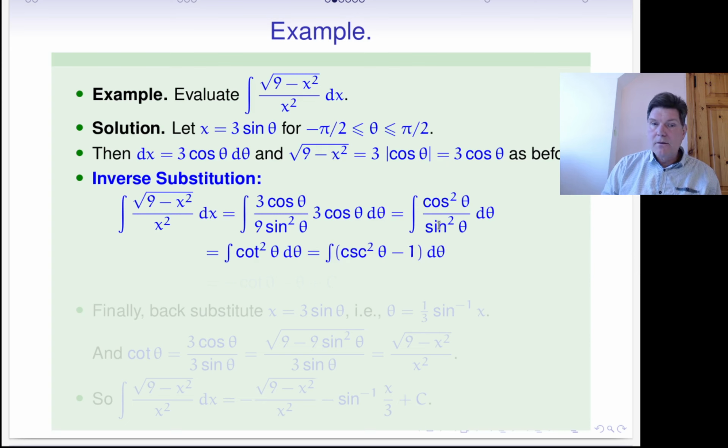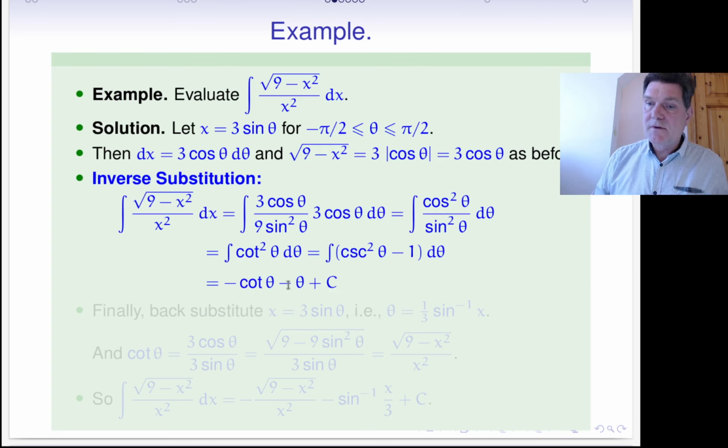And this square, using a variant of the basic trigonometric identity that we saw recently, can be expressed as the square of cosec theta minus 1, and the square of the cosec theta can be integrated to minus cotan theta.